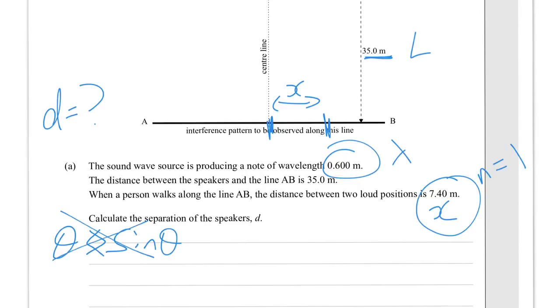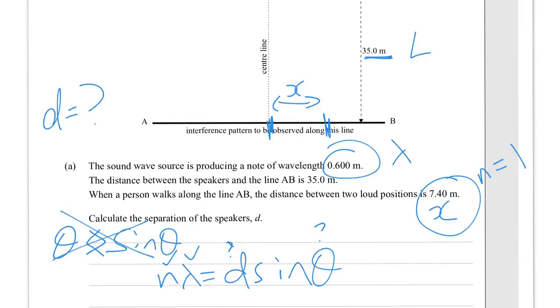In that case we're going to have to use n lambda equals d sine theta. We are trying to calculate the separation of the speakers d, so that's our question mark. We don't know theta, we know n, we know lambda. Now we can calculate theta from a triangle. This is a bit of trig.